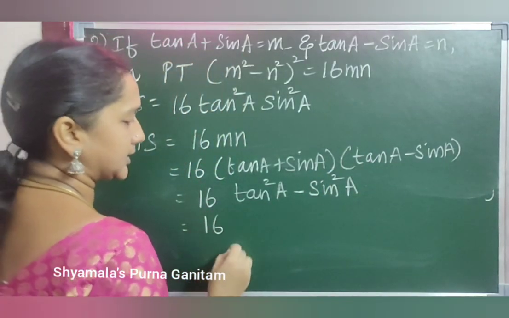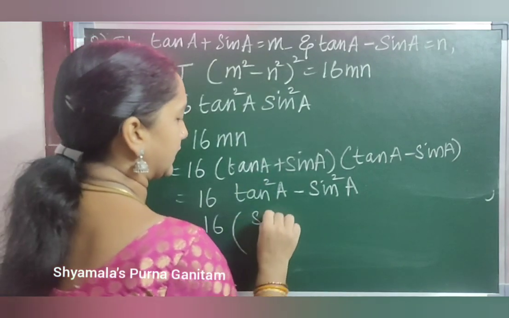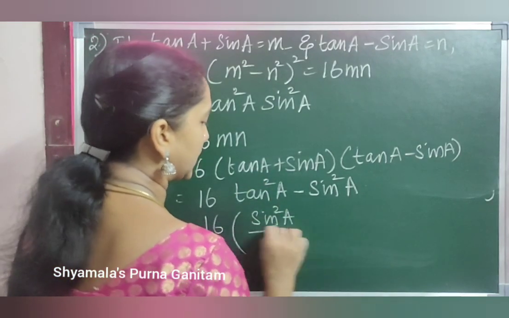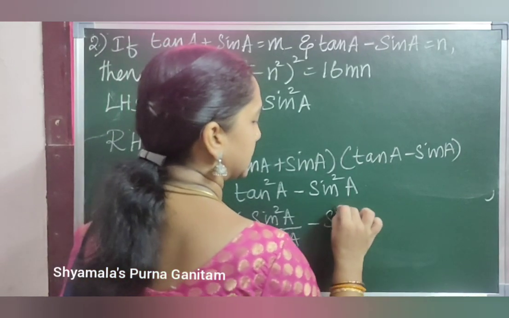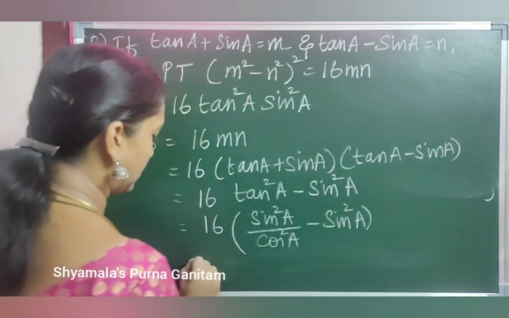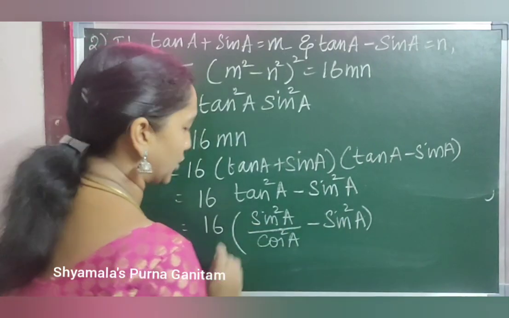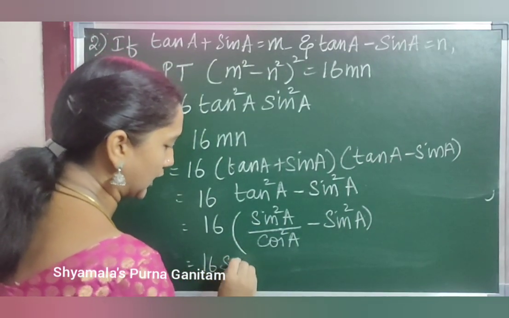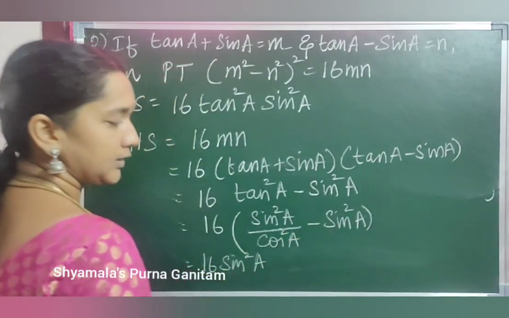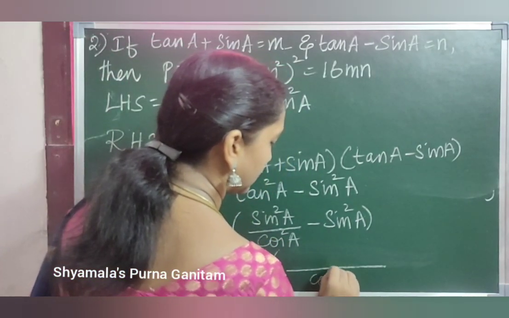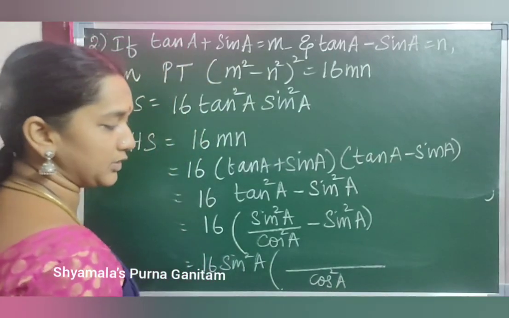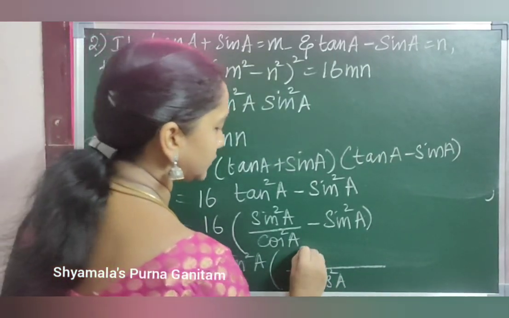Okay, so in this 16 tan squared A, I can write as sin squared A by cos squared A minus sin squared A. So the sin squared A is common in both the terms, so I am taking it outside. Okay, then when I take the LCM, cos squared A will be there, and then 1.